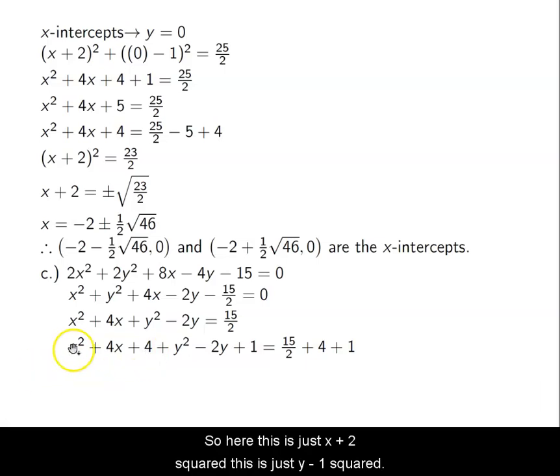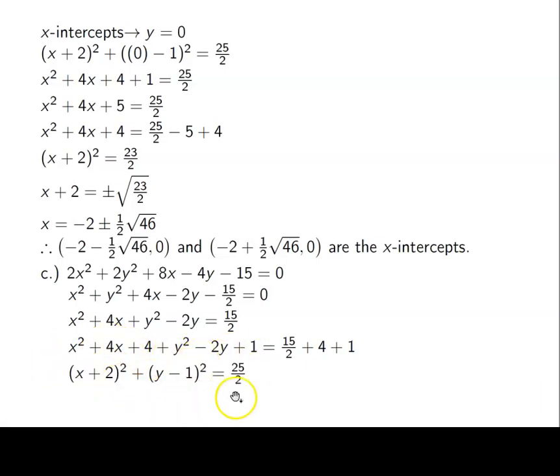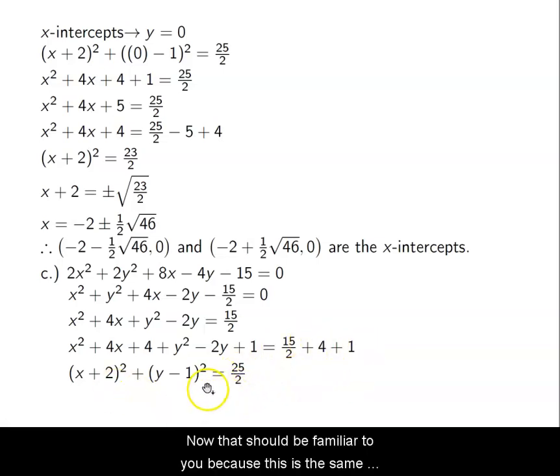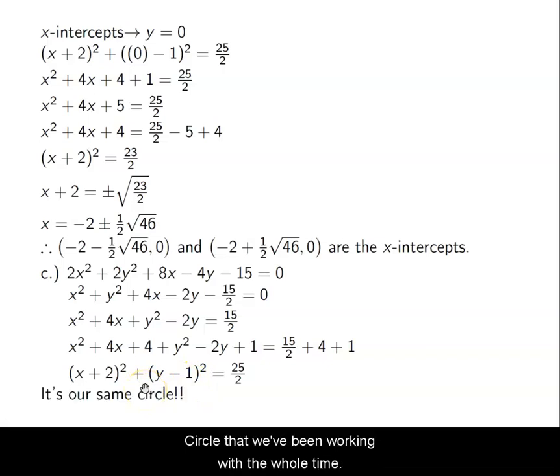So here, this is just x plus 2 squared. This is just y minus 1 squared, and this combines to 25 over 2. Now, this should be familiar to you because this is the same circle that we've been working with the whole time. So now let's talk about symmetry.